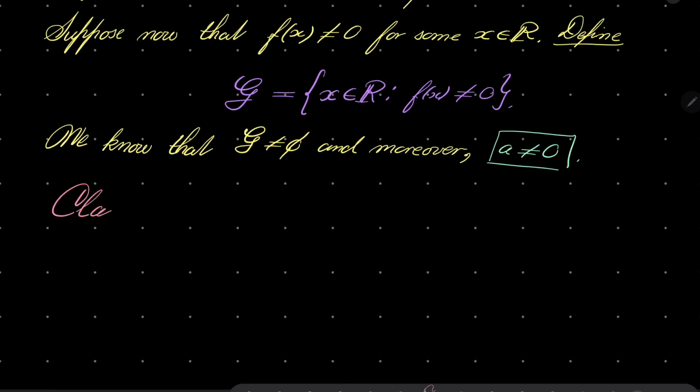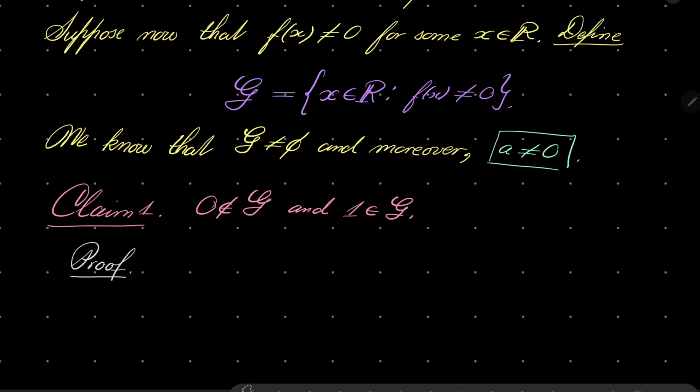My claim number one, I claim that 0 is not in our set G and 1 is in our set G. Proof of my first claim.